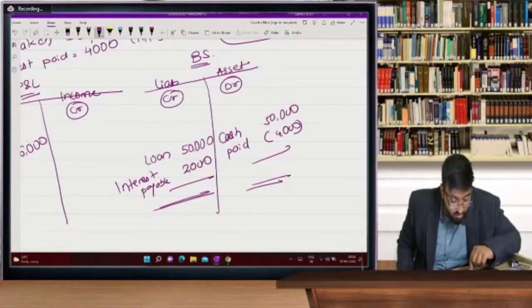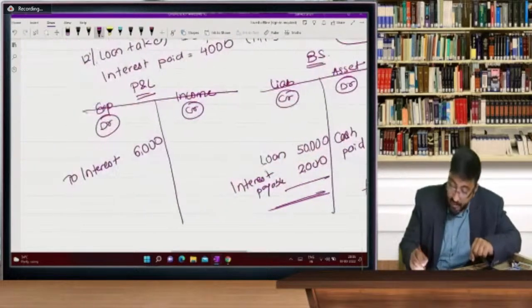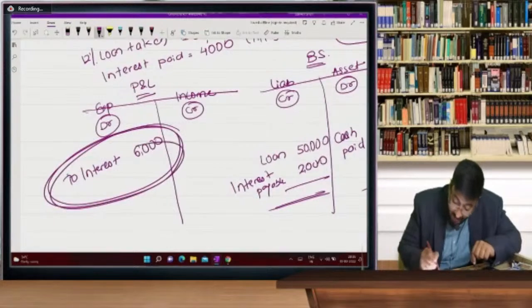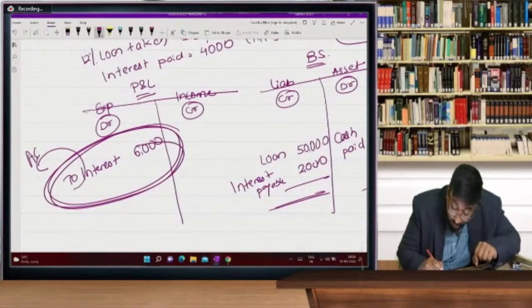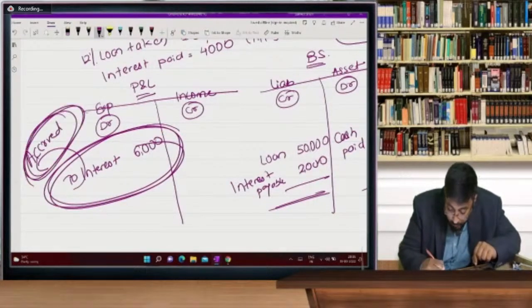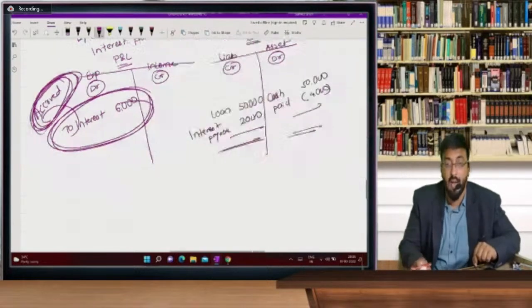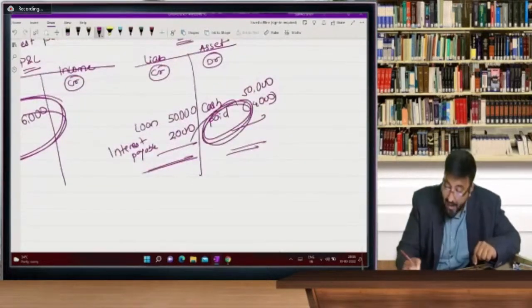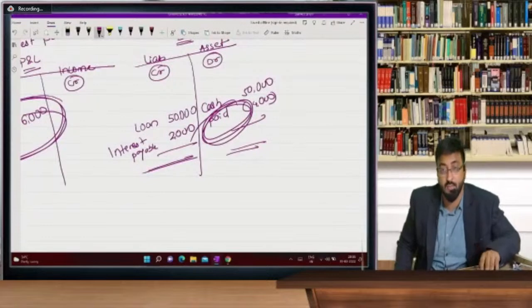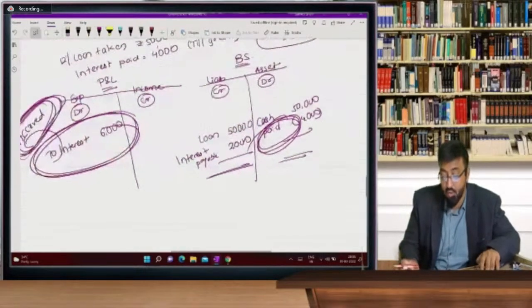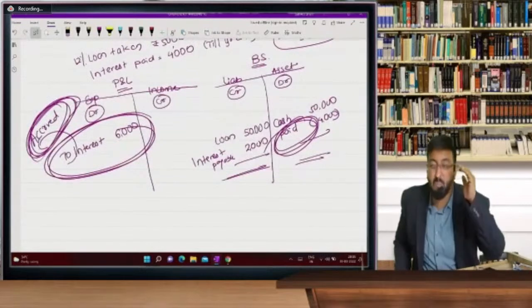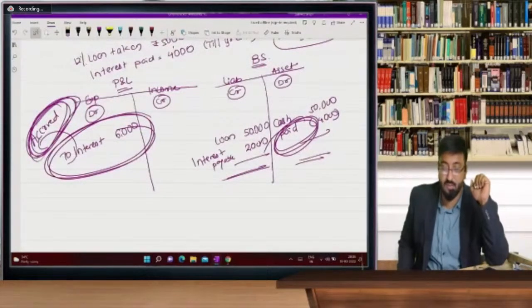Saji Matthews considered it. Very good, beta. Interest is always recorded on the basis of accrued, and out of that you paid only 4,000, but still payable 2,000. Please visualize these accounts.